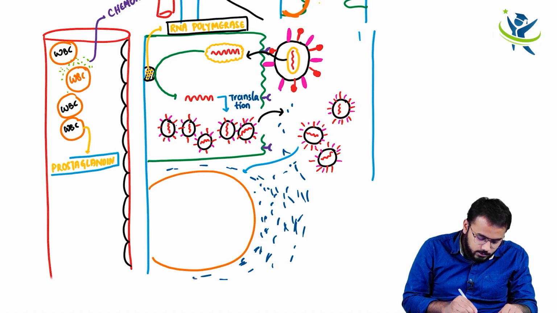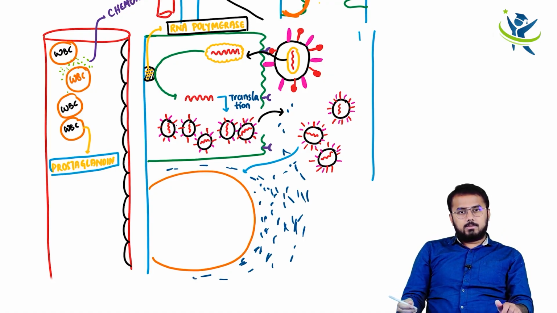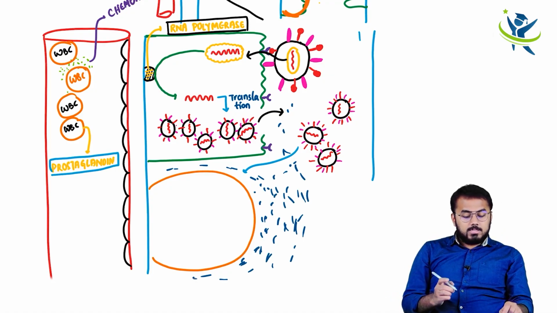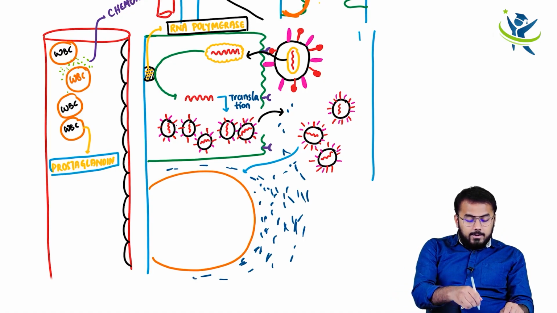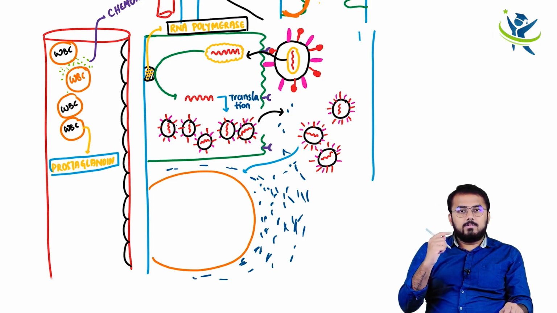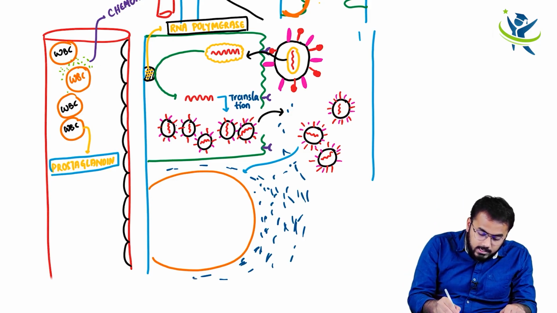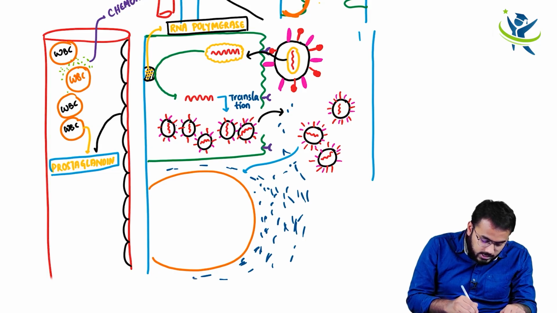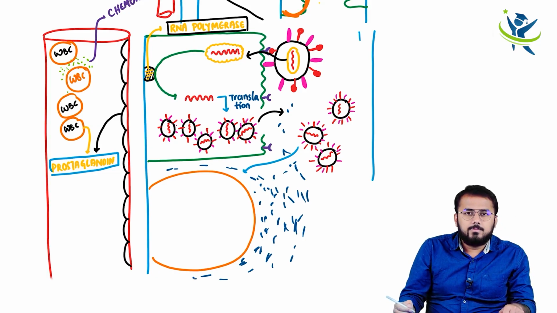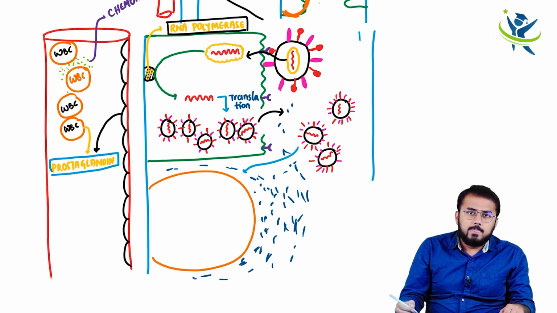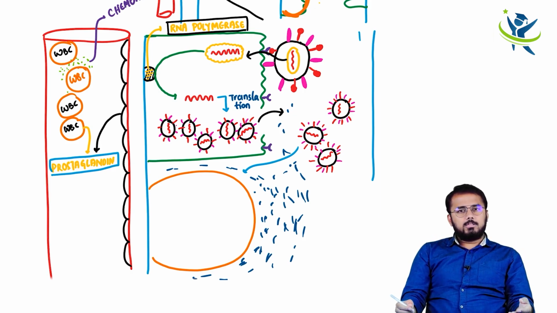And who is releasing this prostaglandin? Your WBC cells. Not only WBC cells, even your endothelial cells that are lining your blood vessels, even they start releasing prostaglandins. And what is the function of prostaglandin, guys?